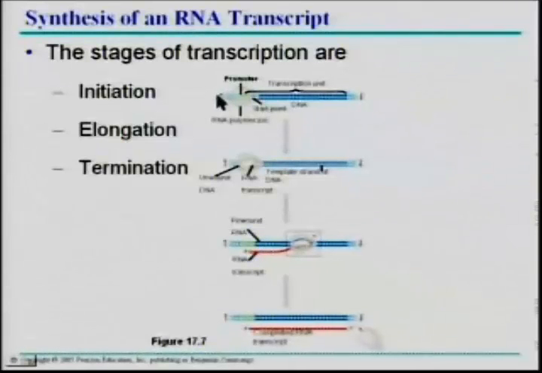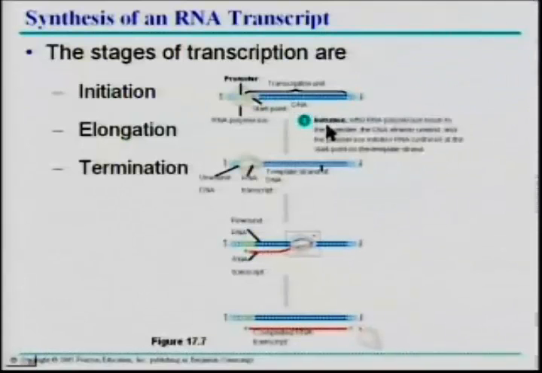To the left would be upstream, that would be in the 3' direction, and 5' upstream is the promoter on the template strand, so the upper strand would be the template strand. And the end point is down here.